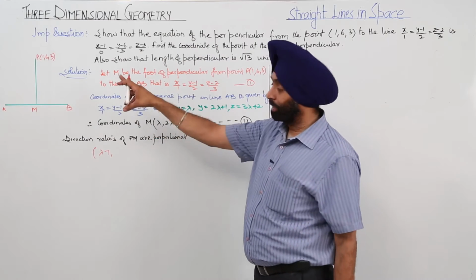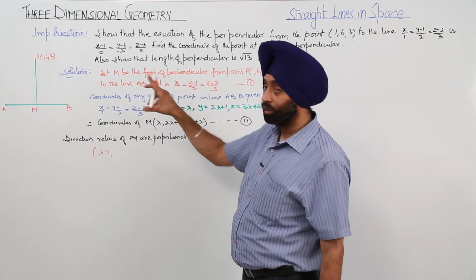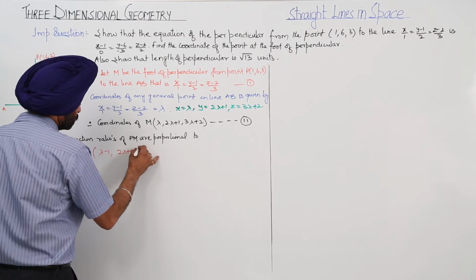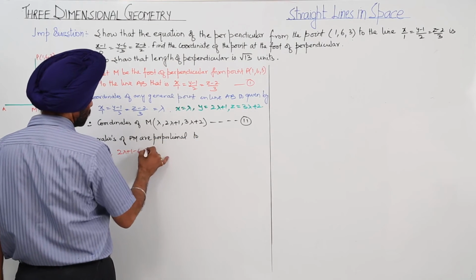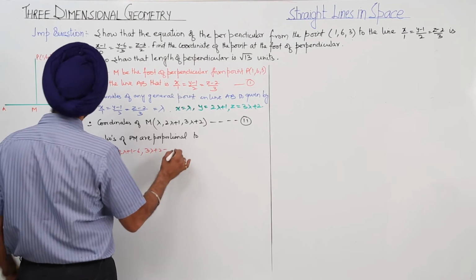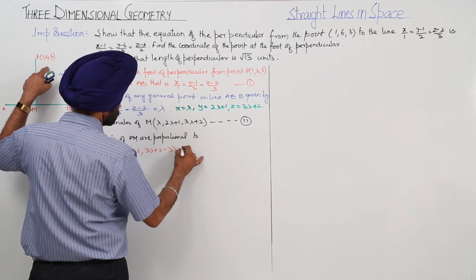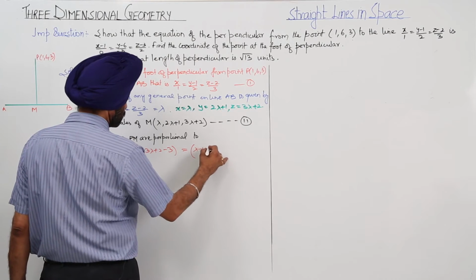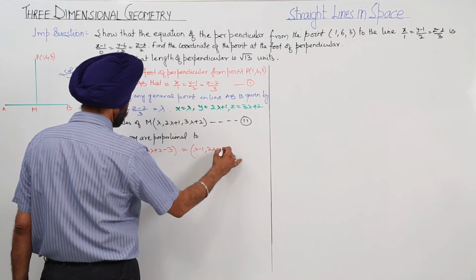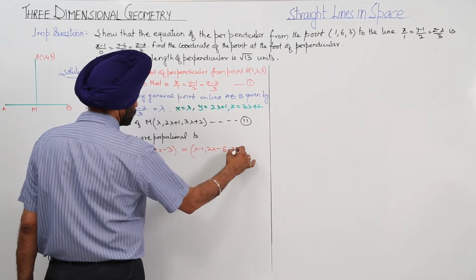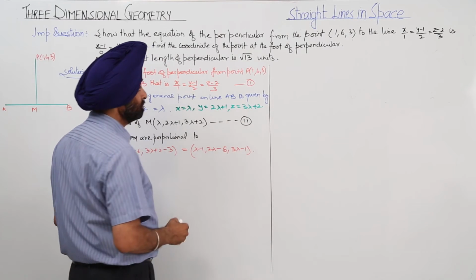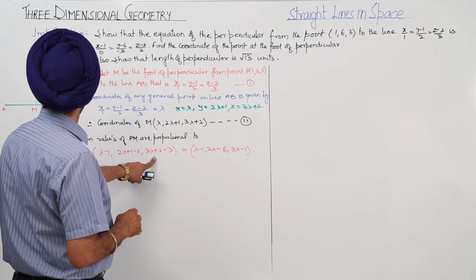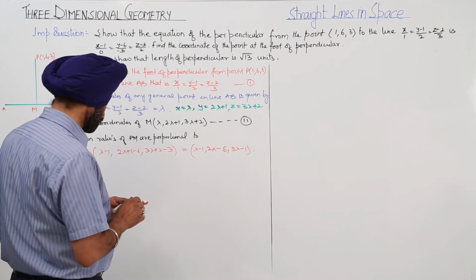So lambda minus 1, then 2 lambda plus 1 minus 6, then 3 lambda plus 2 minus 3. So this becomes lambda minus 1, 2 lambda minus 5 and 3 lambda minus 1.